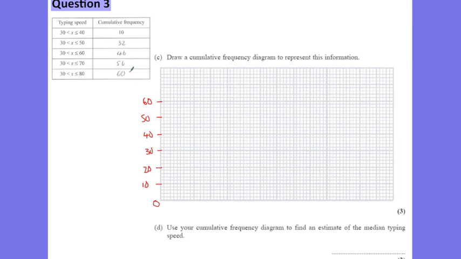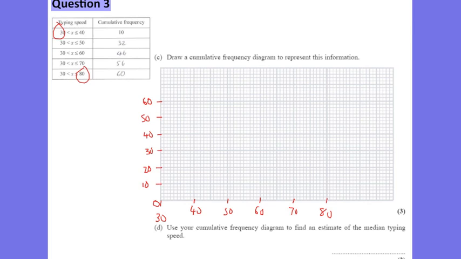And this is the cumulative frequency. Across here, we're going from 30 up to 80. So if we start here at 30, I'm going here 40, 50, 60, 70, 80. And this is the number of minutes.